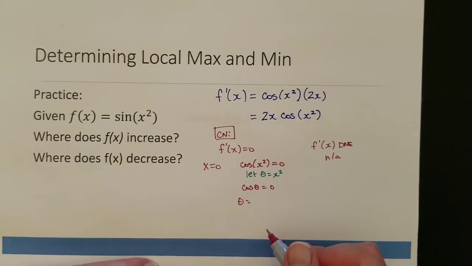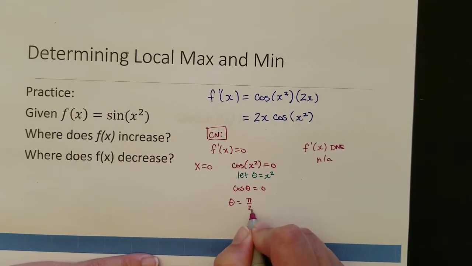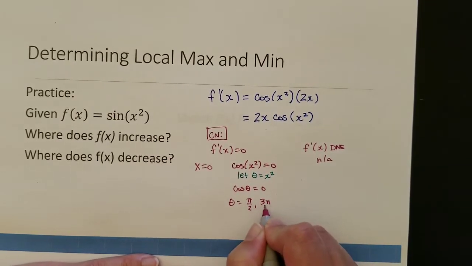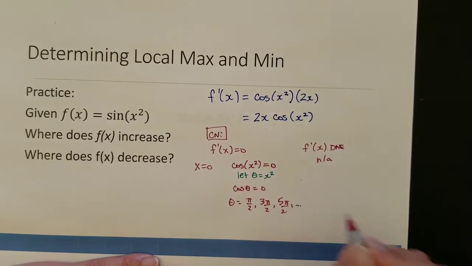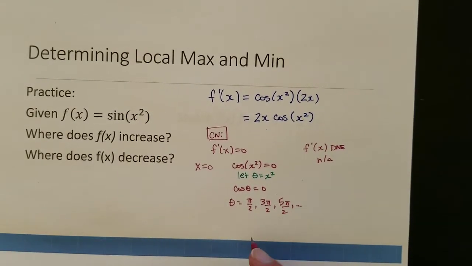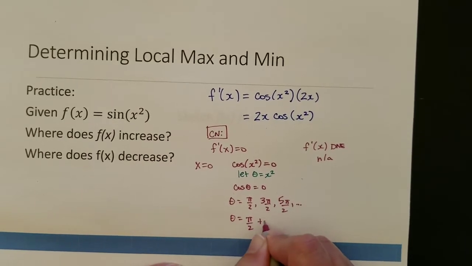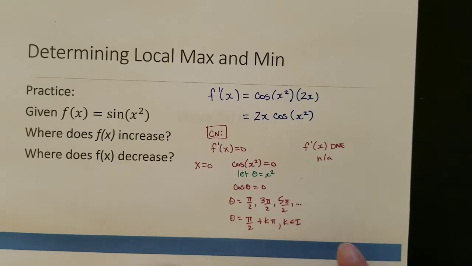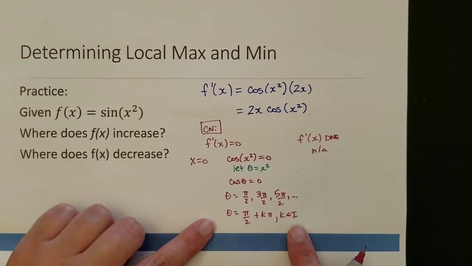Thinking about where the zeros happen on a cosine function, we would have pi over 2, 3 pi over 2, 5 pi over 2, and so on. So it would be pi over 2 plus k pi, where k can be any integer, if you wanted to write that as a general sum.